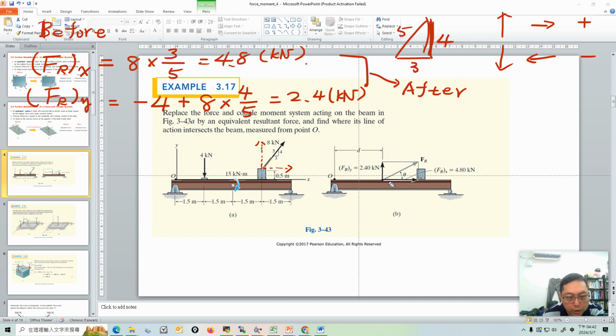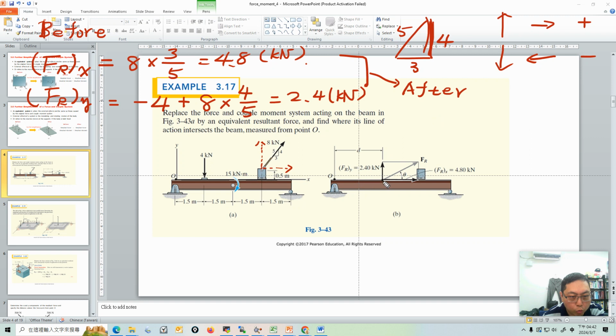That's why we draw a picture here, 4.8 to the right and 2.4 up. And don't forget the unit of force is kilonewton, because we use kilonewton here. So we found the resultant force after simplification.